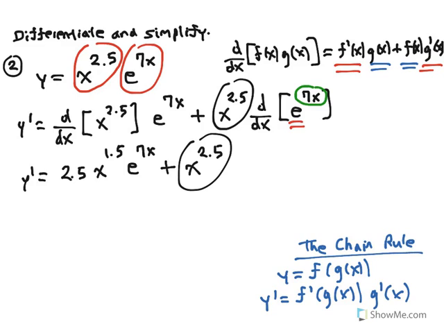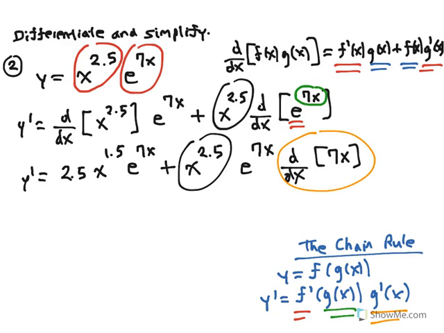You're going to find the derivative of the outside function evaluated at the inside function, and then multiply by the derivative of the inside function. The chain rule says find the derivative of the outside function evaluated at the inside function and multiply by the derivative of the inside function.